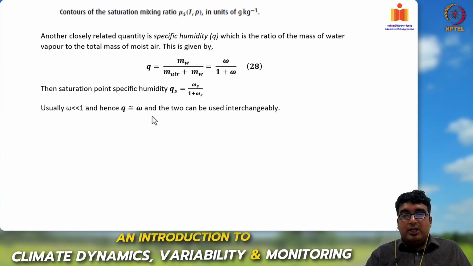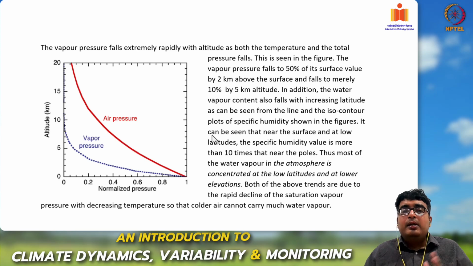So under most conditions, the specific humidity ratio and the mixing ratio are more or less the same, and these two can be used interchangeably. Okay. So once again, because this omega value is much less than 1, 1 plus omega is almost equal to 1. So the specific humidity ratio is almost equal to the humidity ratio. And this is also true for Qs, which is almost equal to omega s. Okay. So sometimes it's also expressed in terms of specific humidity. So that can also be done.